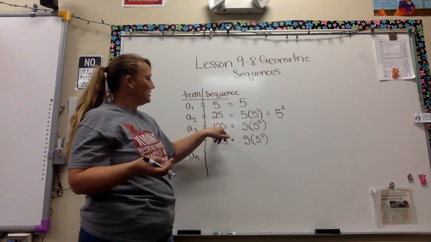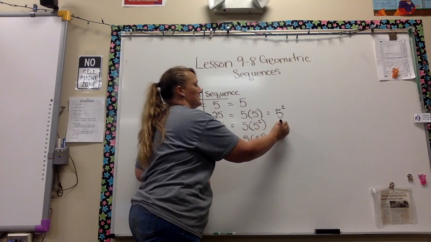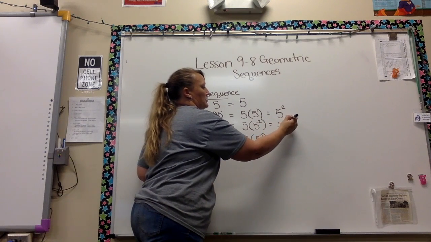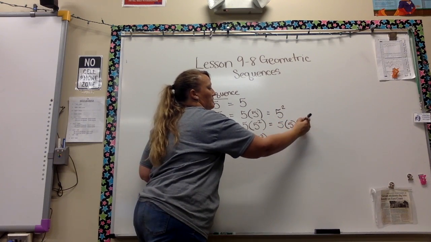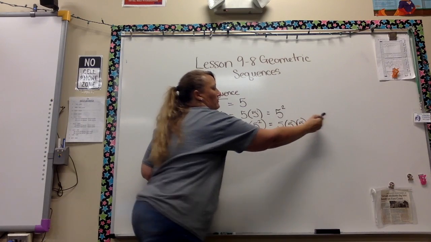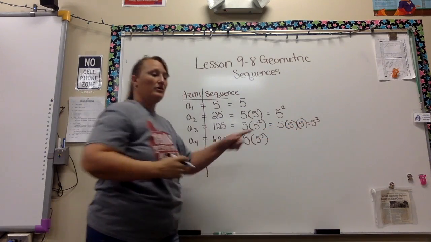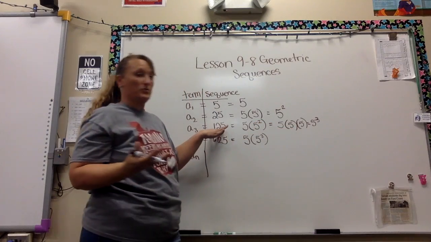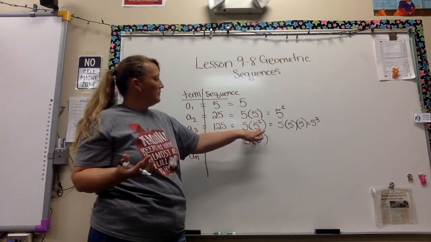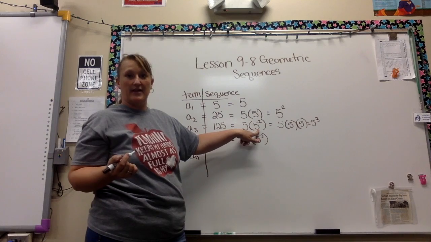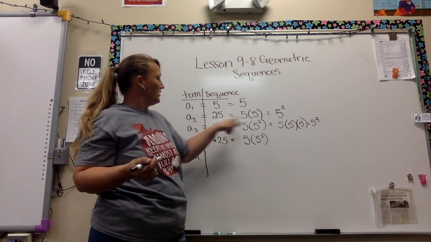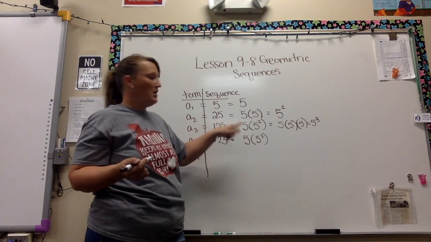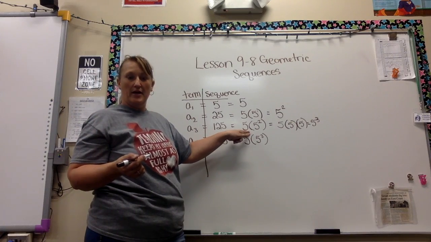So then the second set, well, we can say that this is 5 times 5 times 5, or 5 to the third power, right? Well, if that's 5 to the third power, which is 125, then can we split them up and say 5 times 5 squared? This 5 squared is the 25. That's where that came from. And then it multiplied by the original 5.